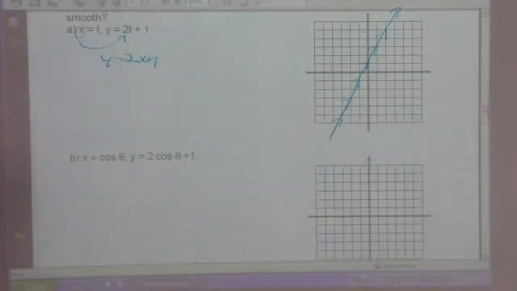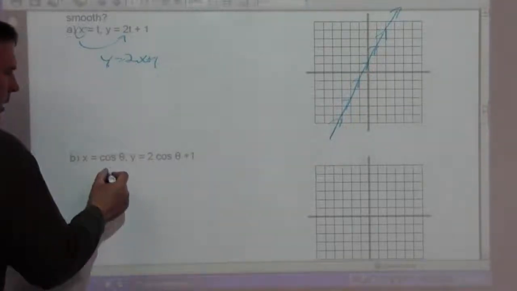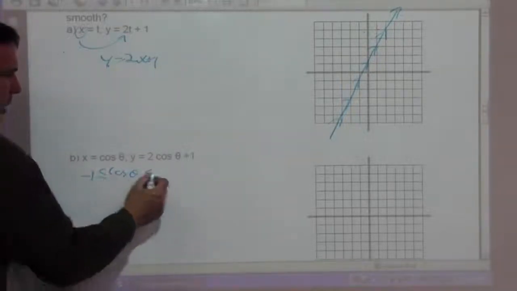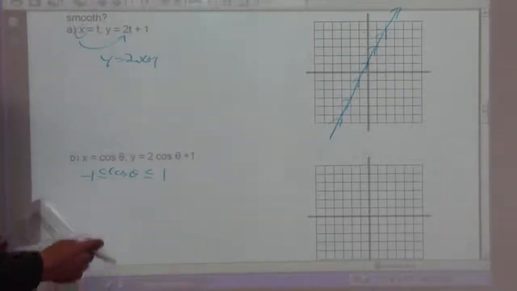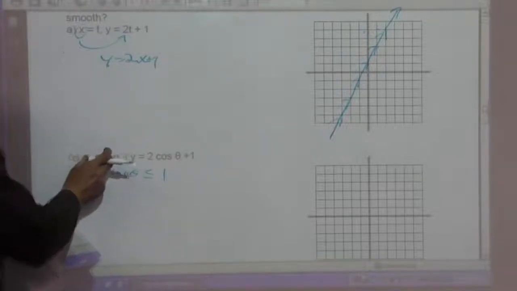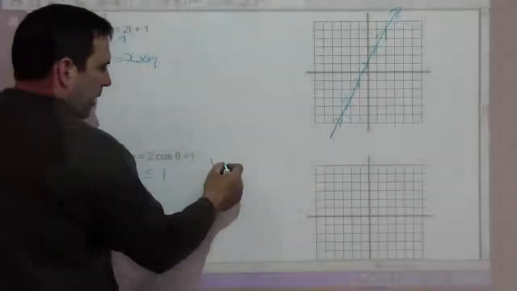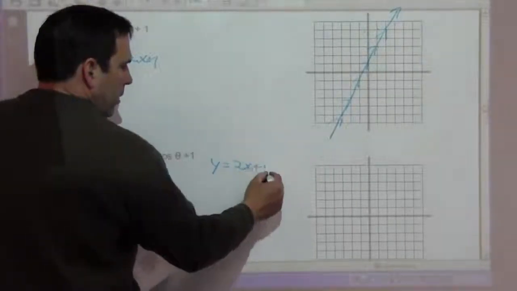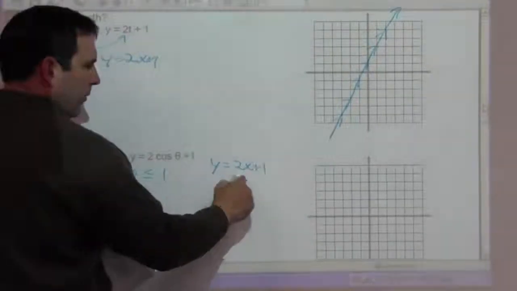In this next case, x equals cosine theta and y equals 2 cosine theta plus 1. Now, cosine theta is going to produce values between -1 and 1. Therefore, if I were to substitute this in here, I'd have y equals 2x plus 1. But we can only go for x being between -1 and 1.